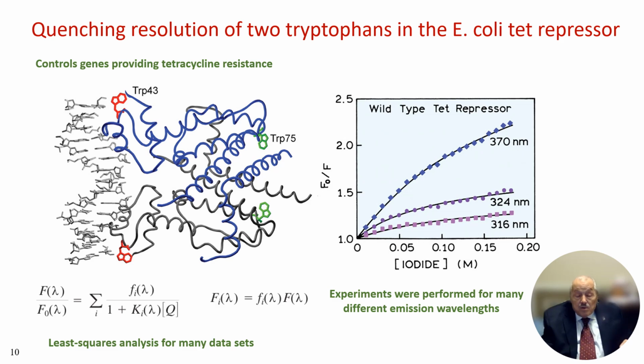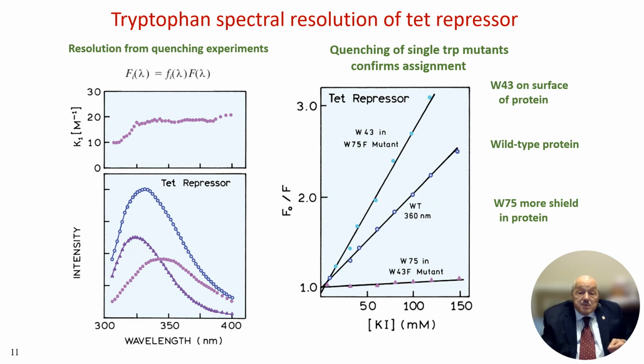And you use a least squares analysis to recover the fractional intensities at each wavelength. If you multiply it by the total emission spectra, you can get the emission spectrum of each of the two residues. And this was done for the TET repressor, and it worked like a charm.